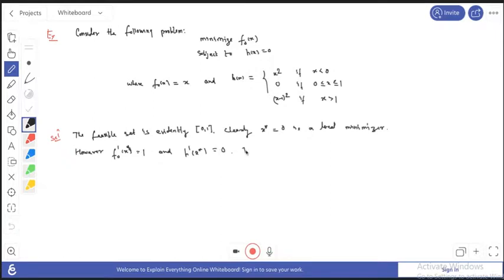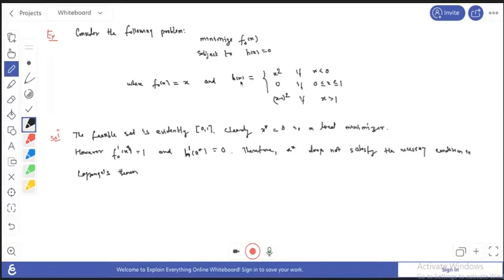So therefore x star does not satisfy the necessary condition in Lagrange's theorem. h dash at x star equals 0.